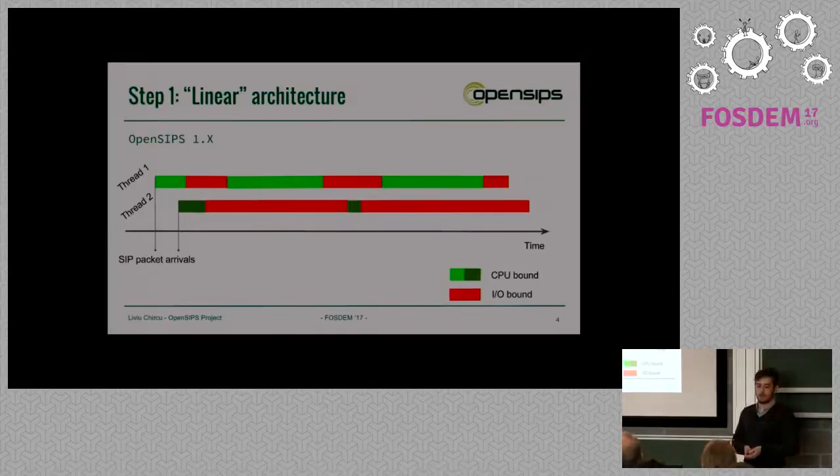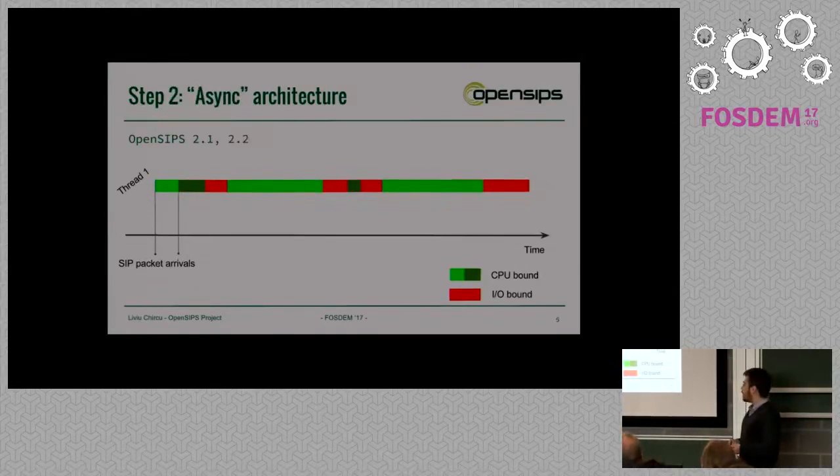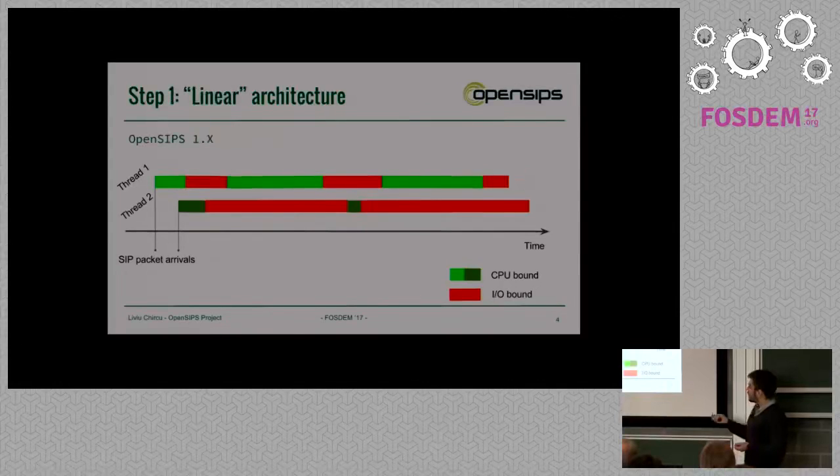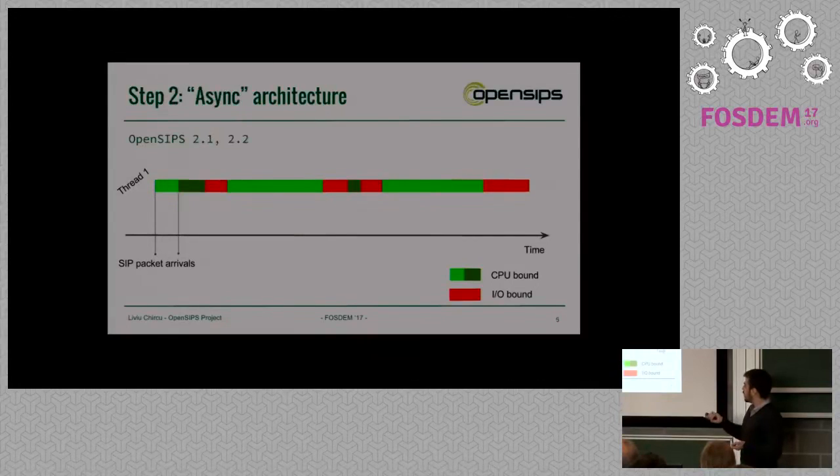I don't know, database or HTTP and so forth. So in the 2.x architecture, we treated this problem, and we introduced asynchronous operations for the database level. You can basically throw the query and resume at some point in the future. And in all this time, as you can see, you can start doing more useful work.